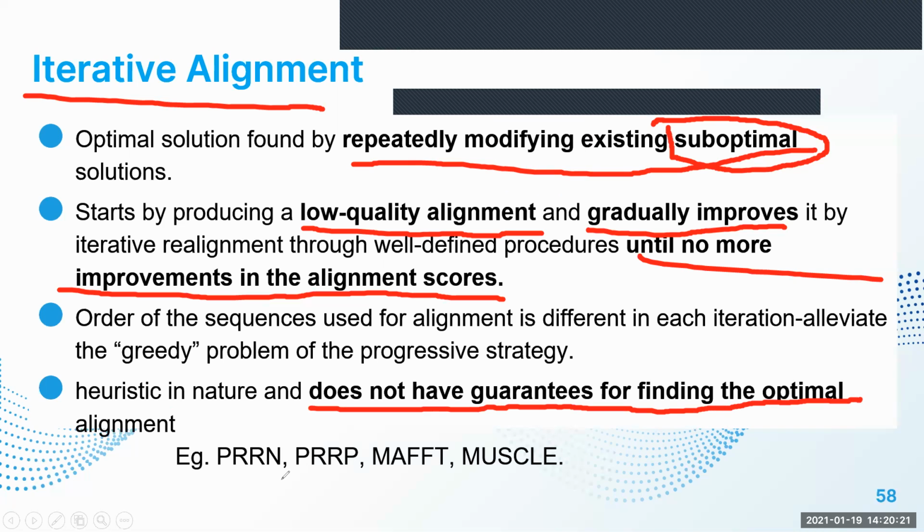So here we are not discussing this method in detail. Just for your information, we have MUSCLE, MAFFT, PRRP, like that. We have several algorithms based on this iterative alignment. For the progressive one, we only discuss ClustalW.